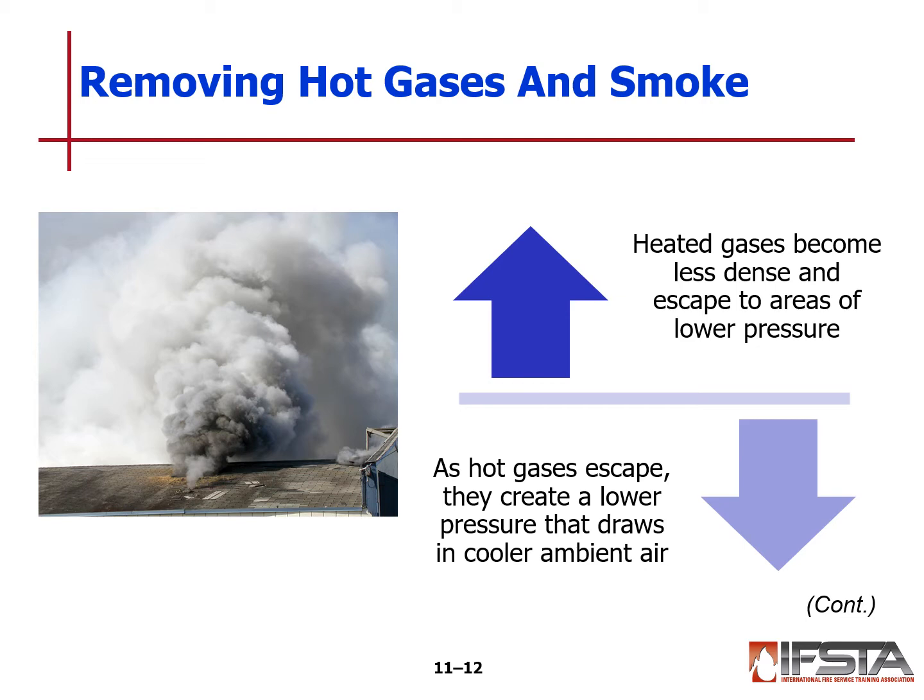So if you think about leaving the front door open, or the door that we're going through, you have basically heated gases going out the top portion of that opening, but you can watch the smoke and you can see it move towards the seat of the fire where we've completed that flow path, and we have cooler air from the bottom of the opening going in.